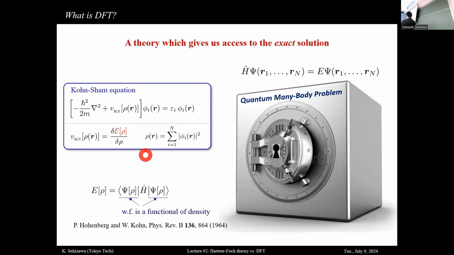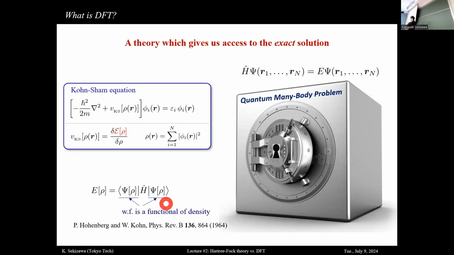I will explain, but the point is, there is a mathematical theorem that proves that the many-body wave function psi can be given as a functional of the one-body density. So psi can be expressed something like this with argument rho.